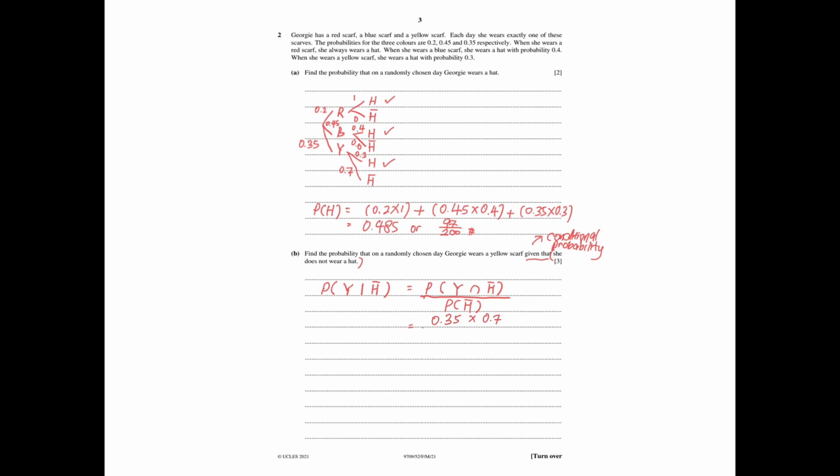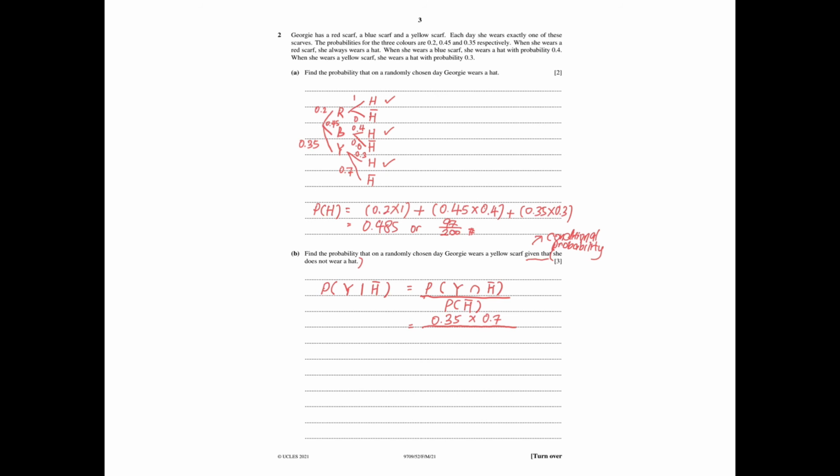For the denominator, the probability of no hat is actually the opposite of our result in part A, where we got the probability of hat as 97 over 200. I prefer the exact form so that the answer remains accurate.